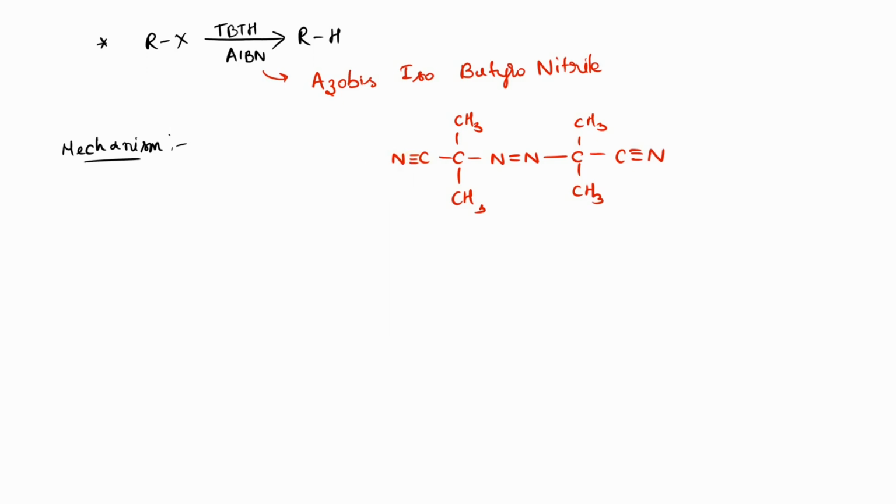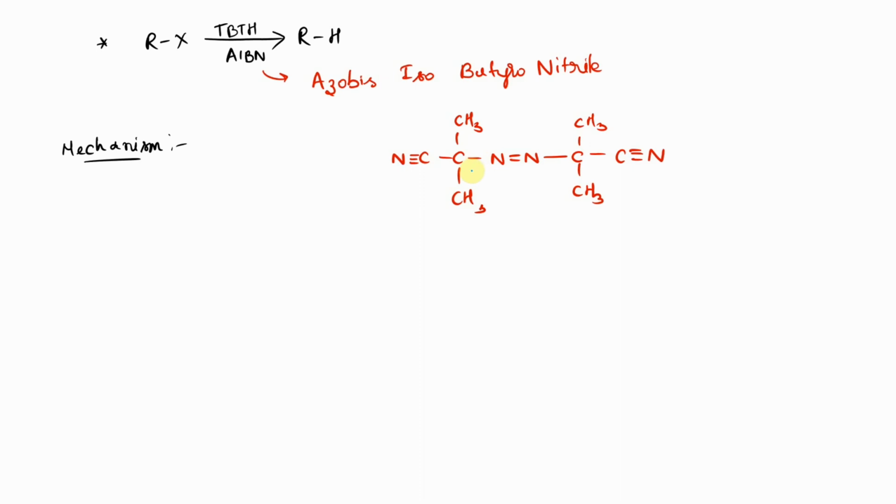Now let us discuss the mechanism of this process. The mechanism gets initiated because of the presence of the N=N group present at the center, which tries to leave the complete molecule in the form of nitrogen.